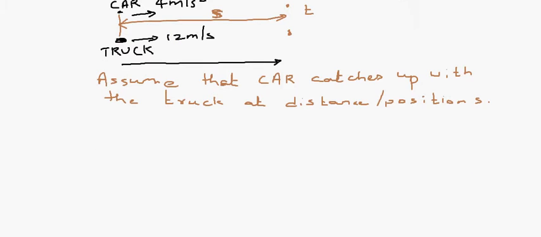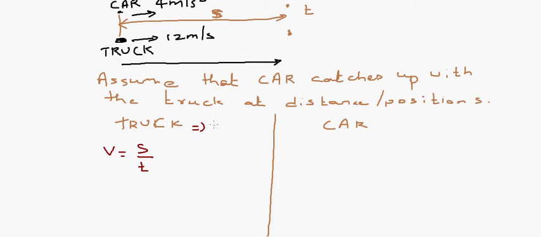Let's just divide this problem into two parts. The first part is the truck and the second is the car. For the truck, the velocity is displacement over time, because the velocity is constant.